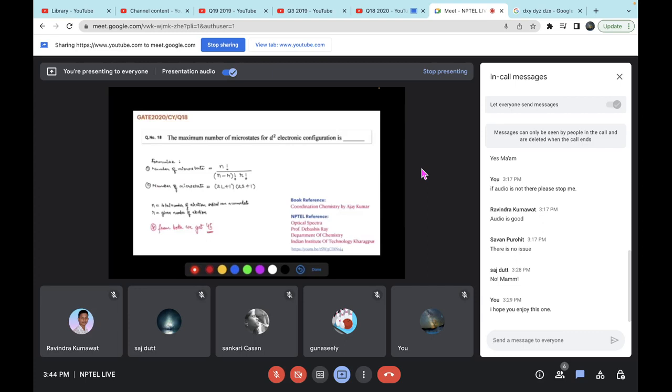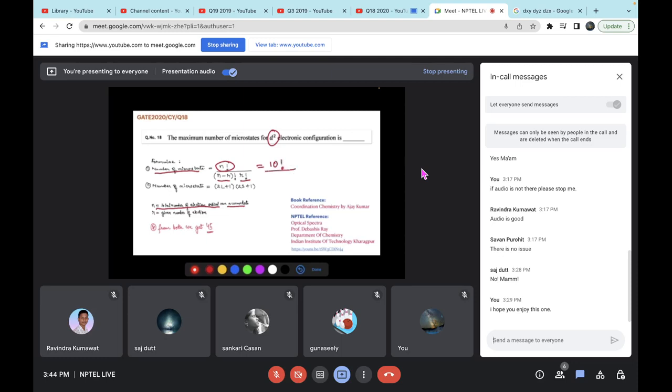This goes with the formula for the number of microstates: n factorial upon n minus r whole factorial times r factorial, where n is the total number of electrons the orbital can accommodate. For D2, the total number of electrons that the D orbital can accommodate is 10.